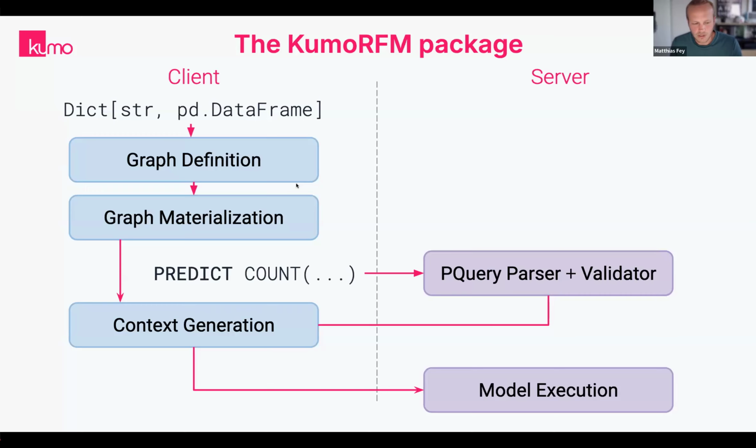And then we also run it in the backward fashion in order to construct subgraphs. Only this context is then actually sent to the model and will be executed on the server. This server is completely stateless. It just gets the context, gets a prediction, and forgets about everything else.